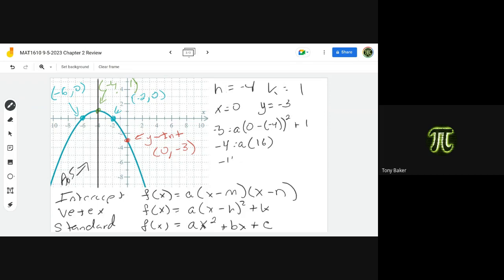So I get -1/4 is a. So this equation would be y equals -1/4 (x plus 4) squared plus 1. And that would be the equation.